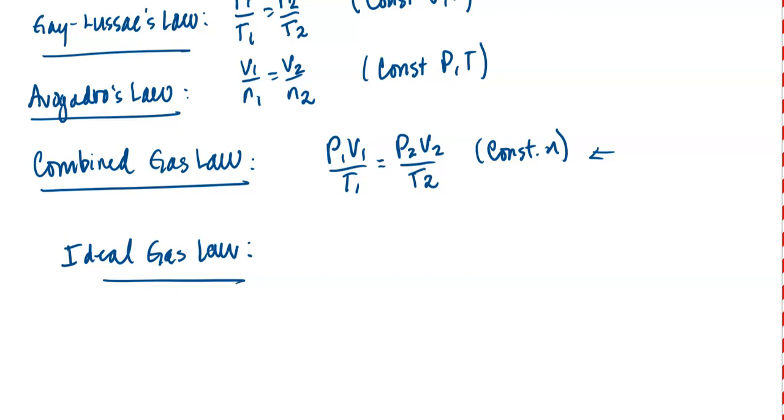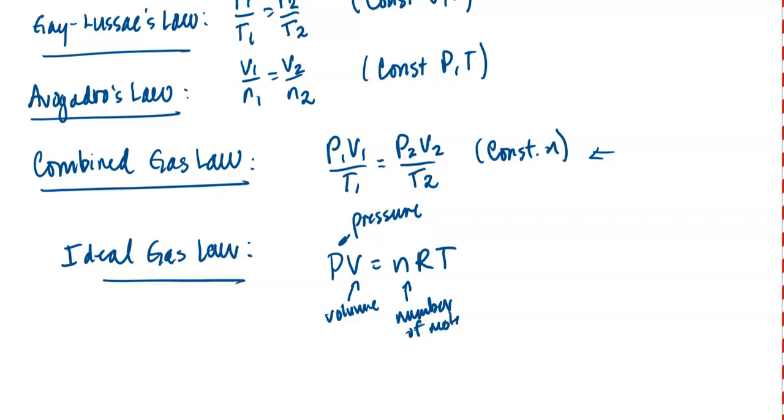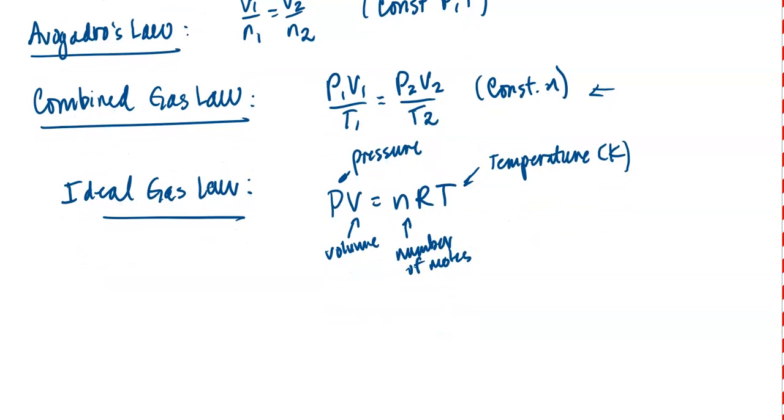The equation for the ideal gas law is PV equals nRT, where P is pressure, V is volume, n is the number of moles of the gas, and T is the temperature in Kelvin.